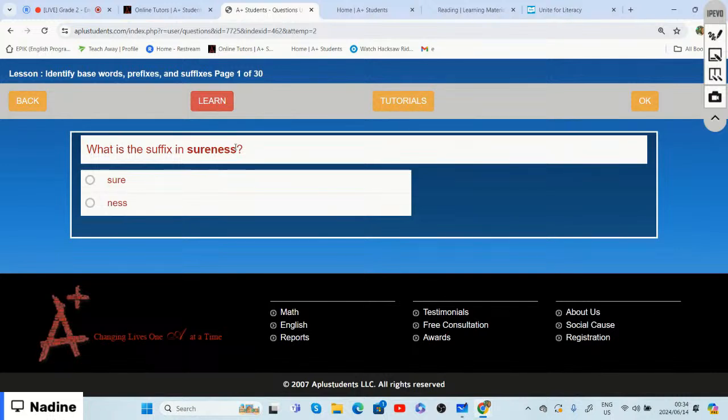Remember, suffix gets added at the end of a base word. So is the suffix sure or is the suffix ness? Option one or option two?